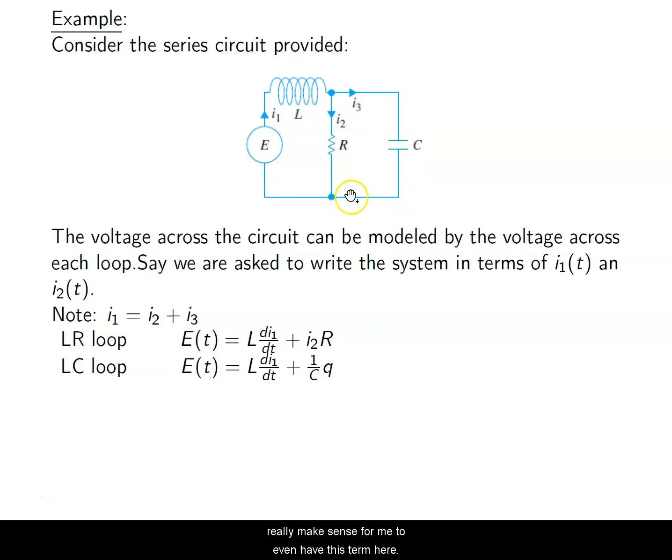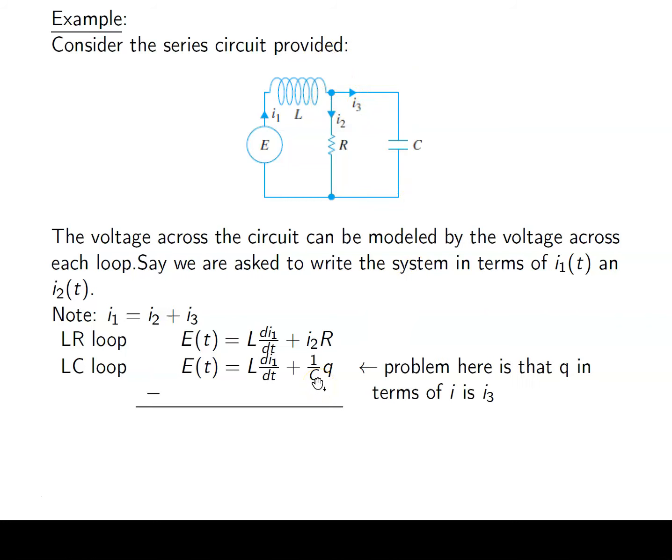So it doesn't make sense to even have this term here, because it's not written in terms of I1 and I2. It's written in terms of I1 and I3 of some form.